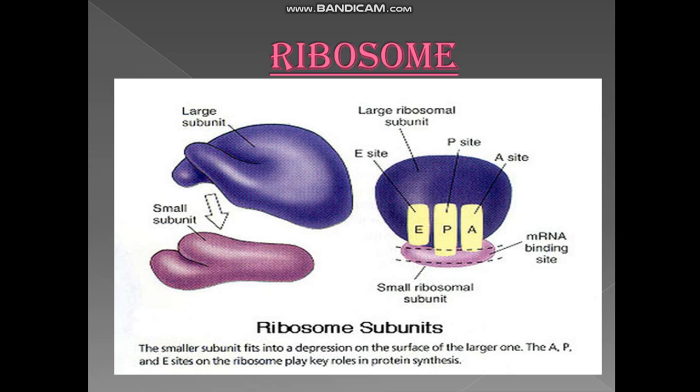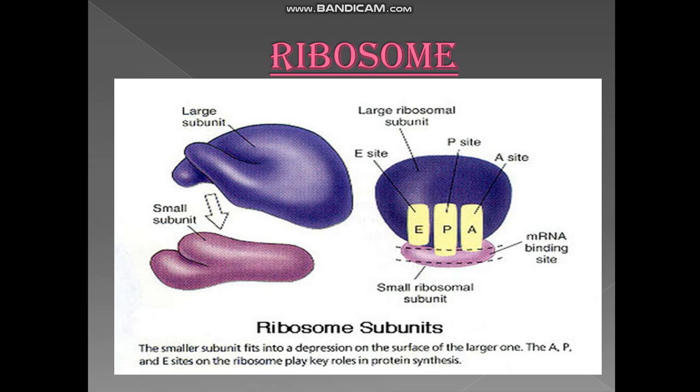Now, there is also an mRNA binding site present. In the smaller subunit, we have an mRNA binding site where the mRNA comes and joins the ribosome. So this smaller portion of the ribosome holds the mRNA in one position and does not allow it to move, because if it keeps on moving, the frame cannot be read properly, the triplets cannot be read properly.